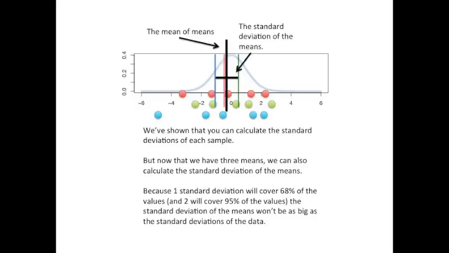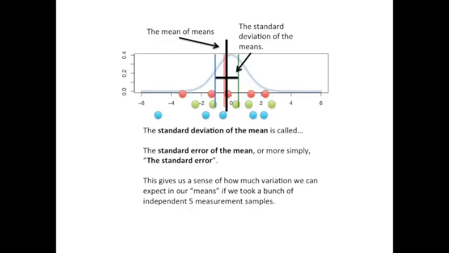Here, we've plotted the mean of the means, plus or minus 1 standard deviation of the means. Notice that this standard deviation is much smaller than the standard deviations we got from the individual samples. The standard deviation of the mean is called the standard error of the mean, or more simply, the standard error.